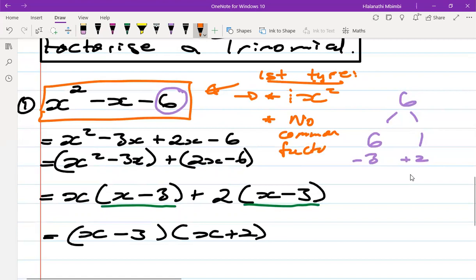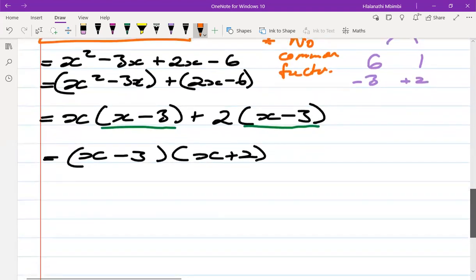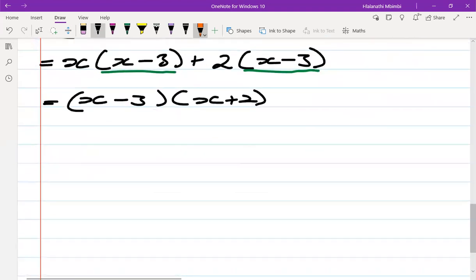What I'm saying might be a bit vague, because at the end we did have a common factor. In the actual expression, you can't look at it and say, let me take a common factor of 2, or of 3. You can't do that.